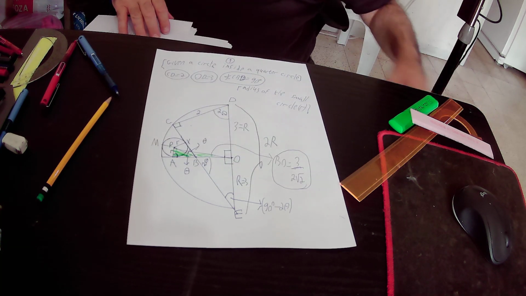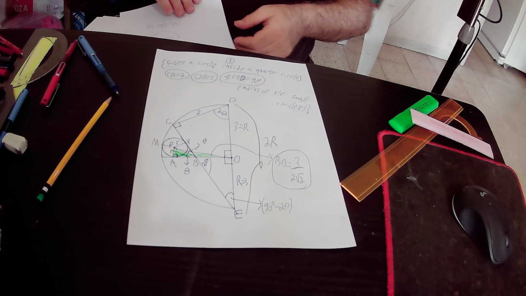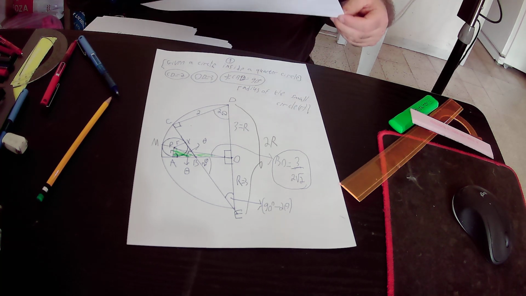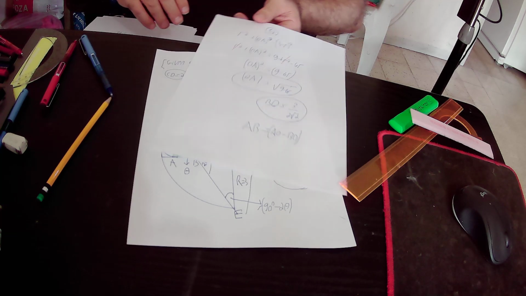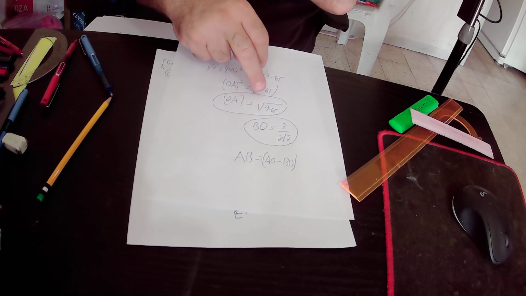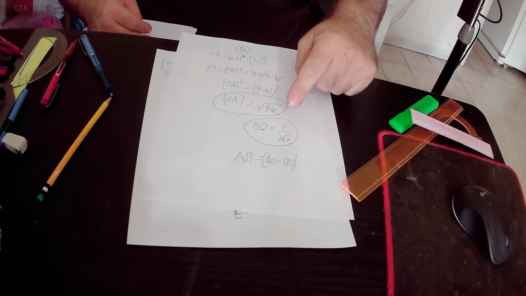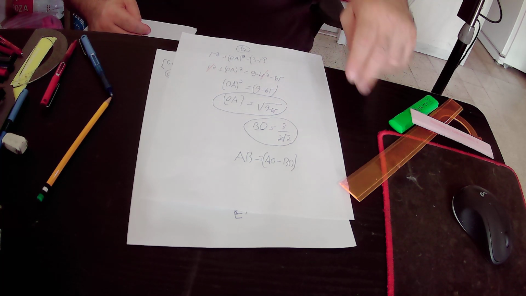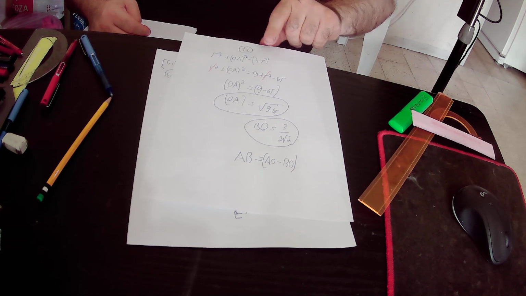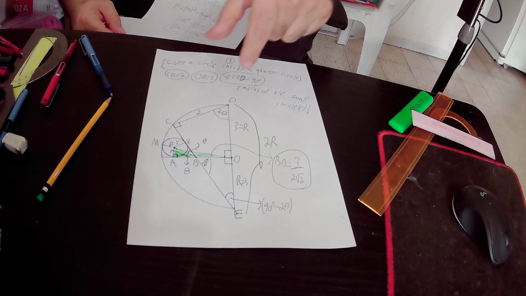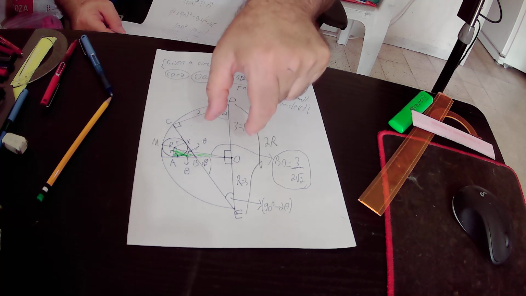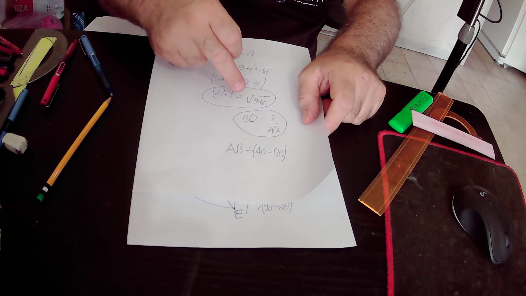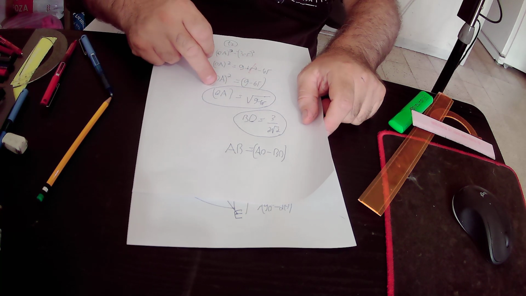And by solving this equation, we found out that OA equals the root of 9 minus 6r, and we already found out that BO equals 3 over 2 times root 2. And we know that AB equals OA minus BO. We have the value of BO, and we have also the value of OA.